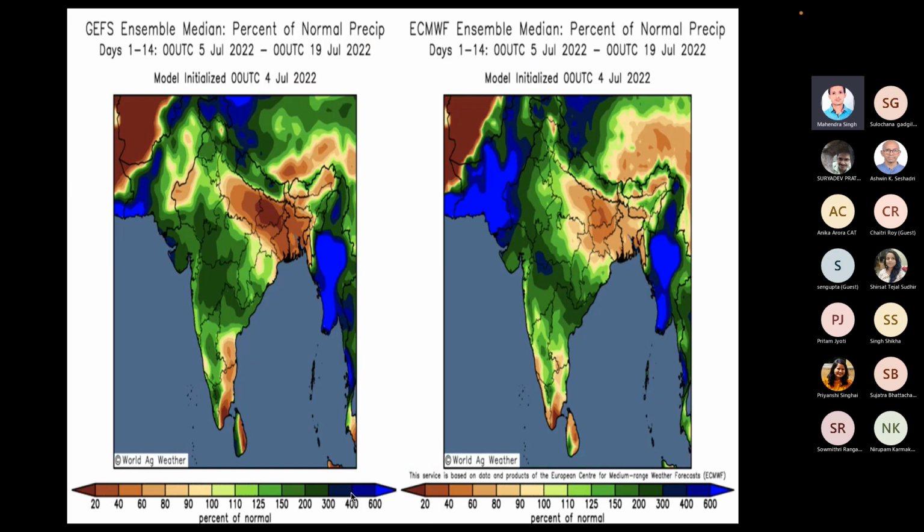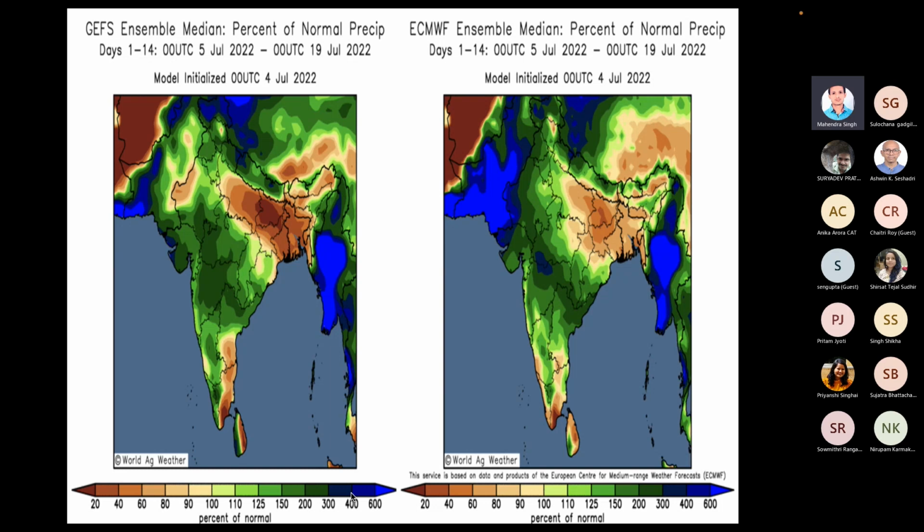Now, let's look at the forecast from GFS, the ensemble mean of GFS and European Center on the right. Okay. And you can see they are very similar. So this is interesting. For the first time, the forecast made by GFS and the European Center agree almost very similarly, except some regions over Pakistan.